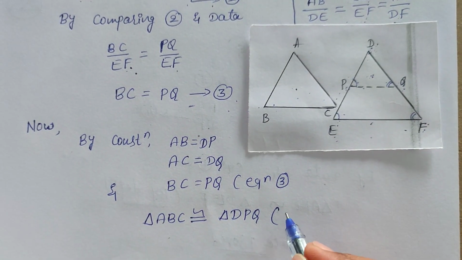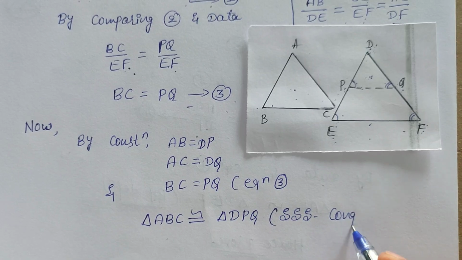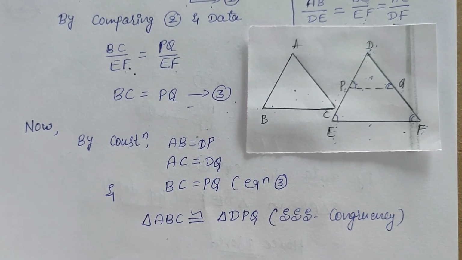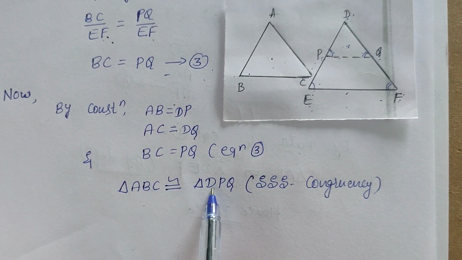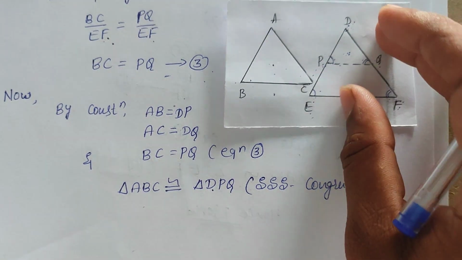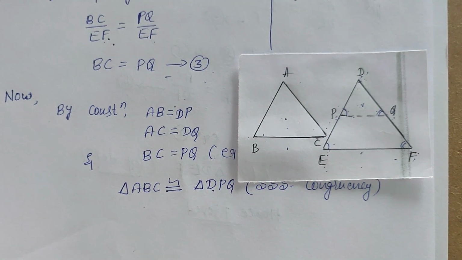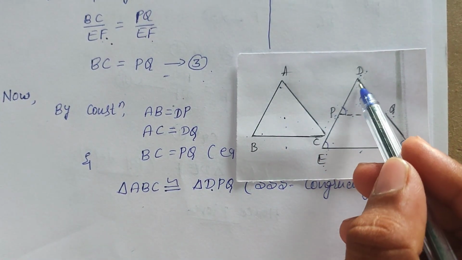So by SSS congruency rule, by SSS congruency we just proved these two triangles, that is triangle ABC and triangle DPQ, are congruent. So if these two triangles are congruent, we can easily write the corresponding angles are equal.